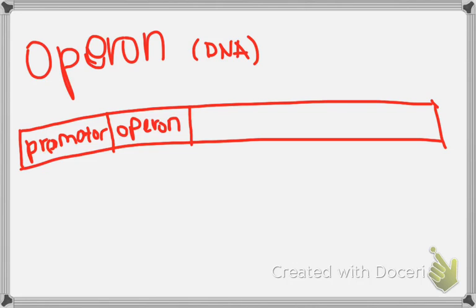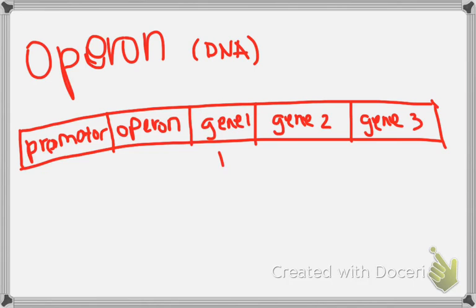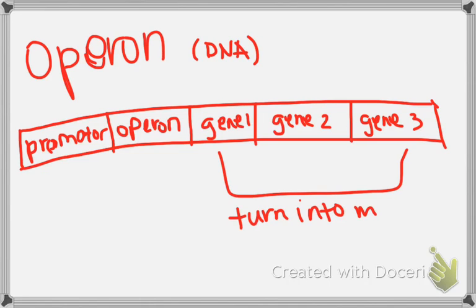Now, after operon, you're going to divide this up into 3 sections. This is going to be gene 1, gene 2, gene 3. These are the segments that we actually want to turn into mRNA. We want to transcribe them.